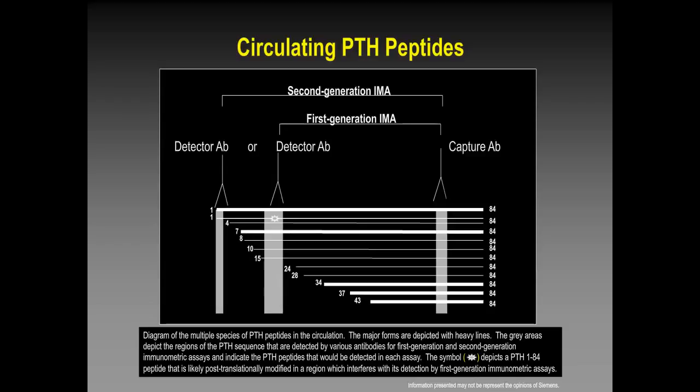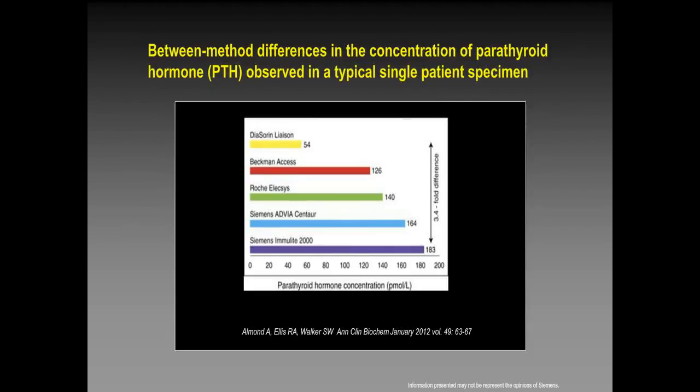For anything that measures from 7 on is likely to measure some of the 7 to 84 family. And perhaps, as I mentioned to you, more specificity can potentially be gained by assays that are directed with the detection antibody right at the very end terminus. So you can see this complicated sea of events can cause tremendous confusion on a clinical level.